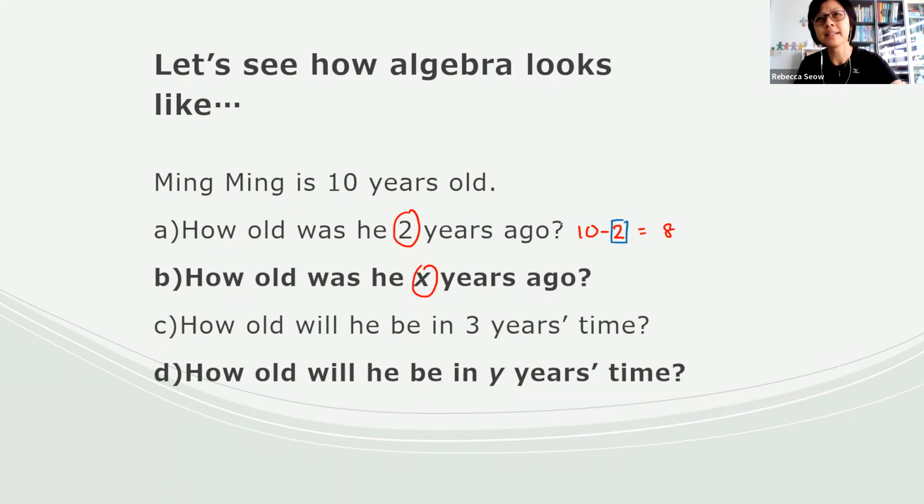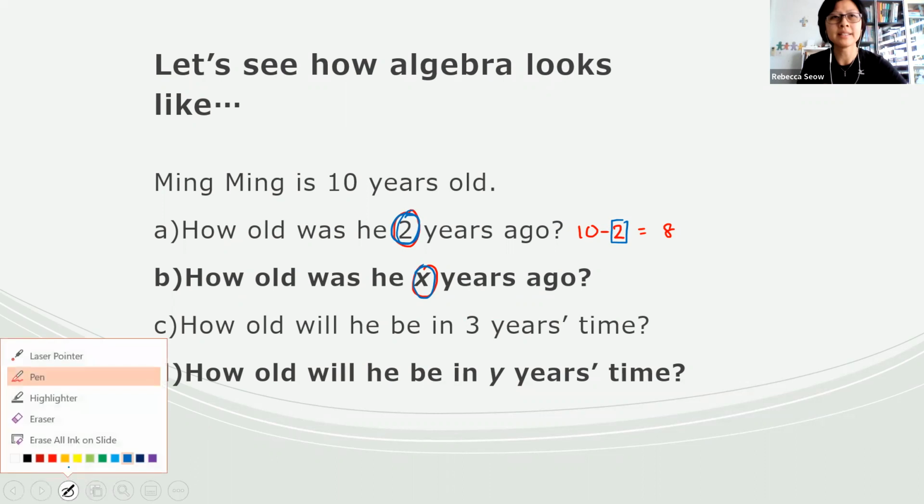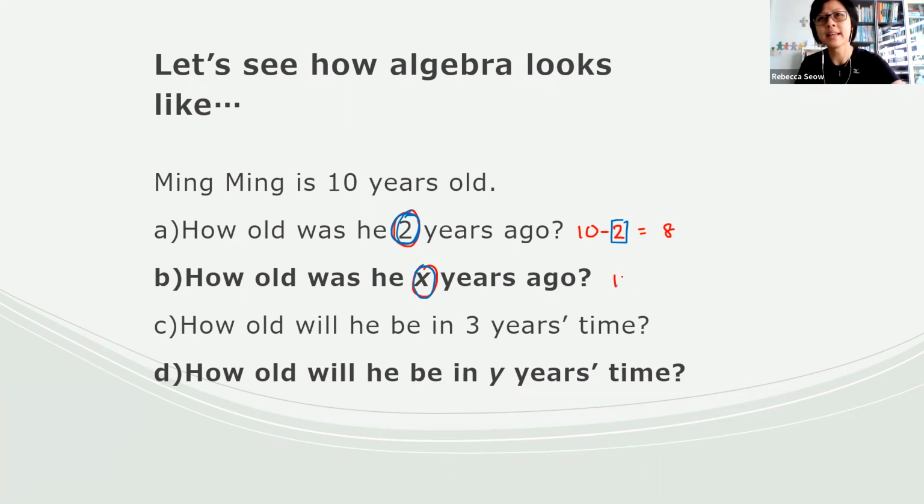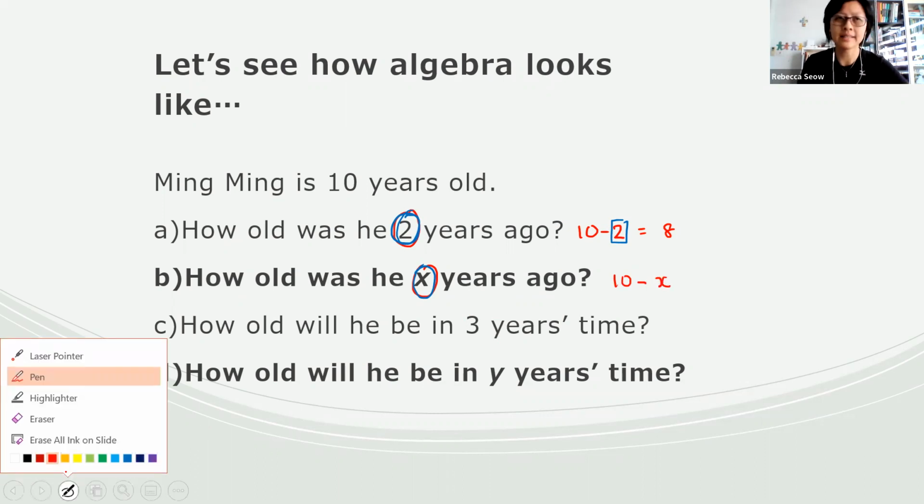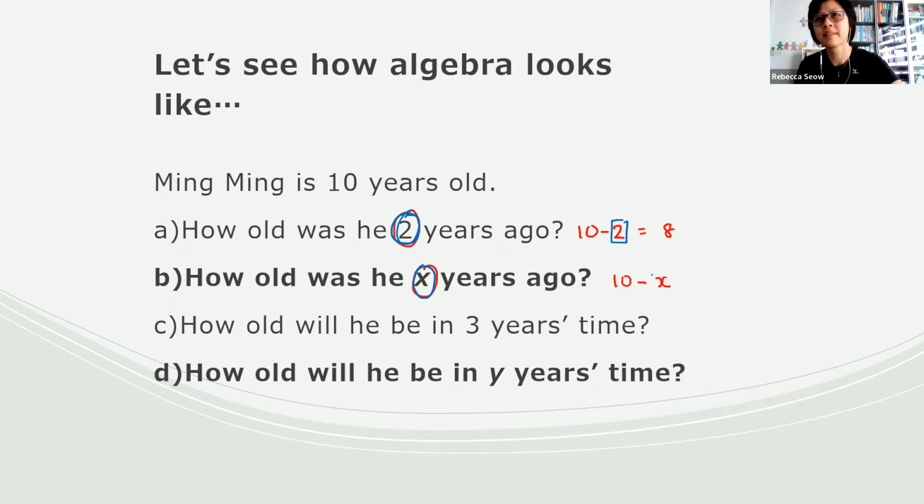You can see that my 2 over here is now being replaced by the letter X. So I will be writing his age as 10 minus, now instead of the 2, I'm going to put down the letter X. So this will be his age. This would be his age X years ago.